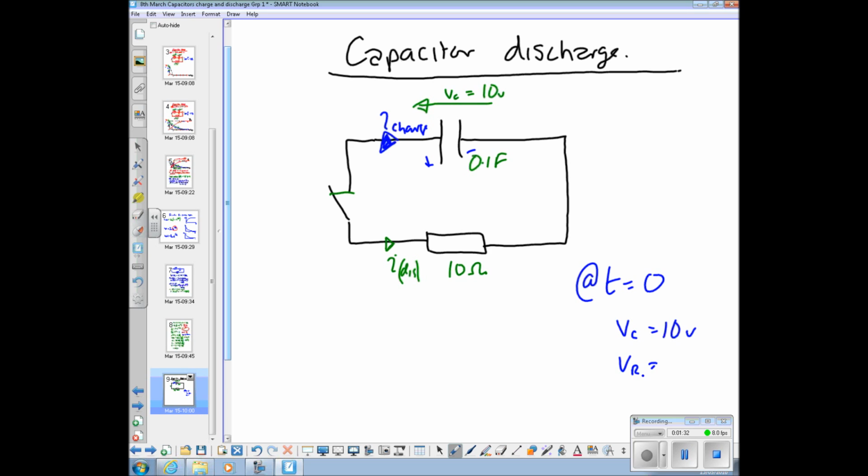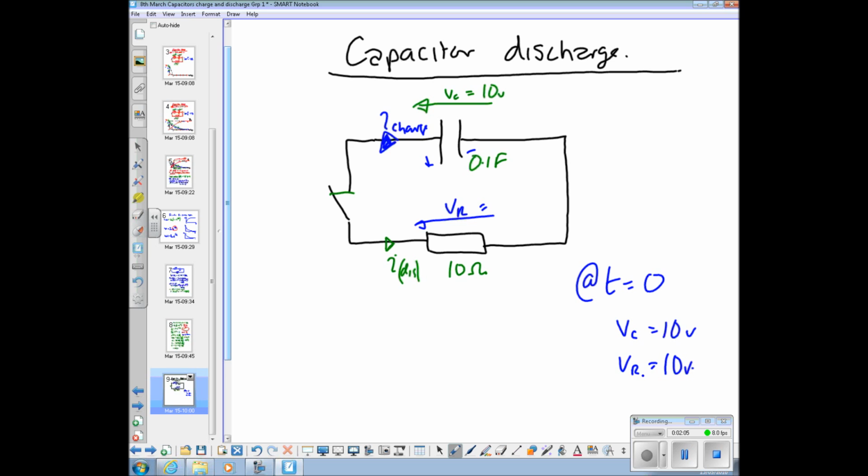It's the positive side, negative side of that, been charged up, the current in that direction. What voltage have we got? We've got a voltage arrow there, current's going to go in that direction, so there's VR. What does it equal? We've got one clockwise arrow, one anti-clockwise arrow, they must both be the same. Yep.